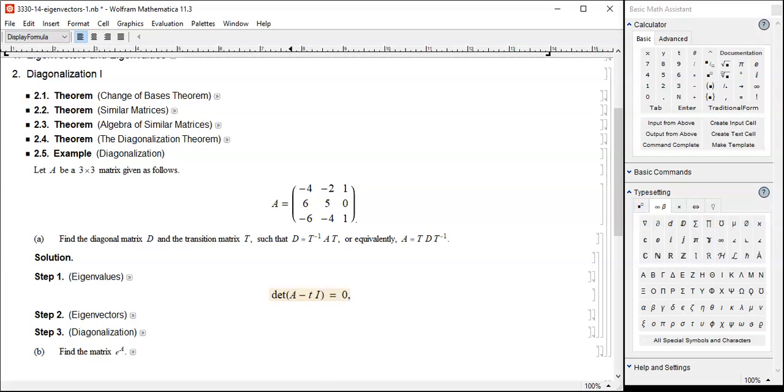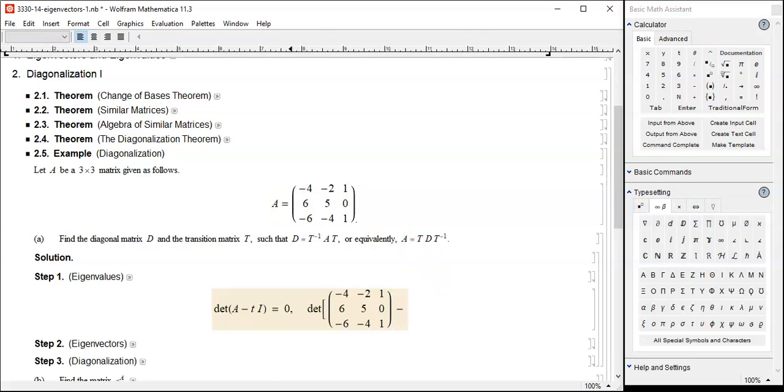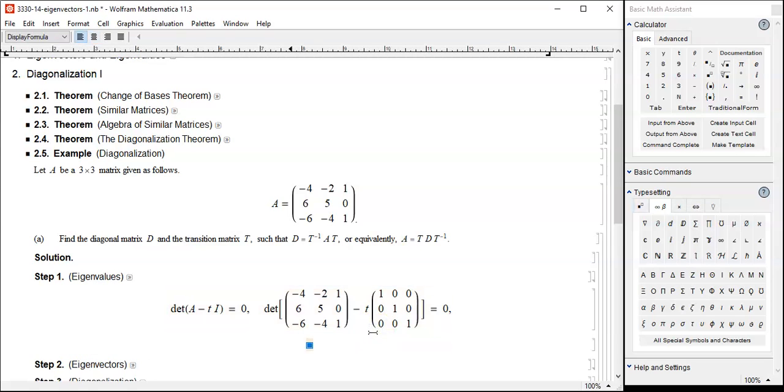So what is this? Determinant of A minus T times the identity matrix with 1, 0, 0, 0, 1, 0, and that is equivalent to what?